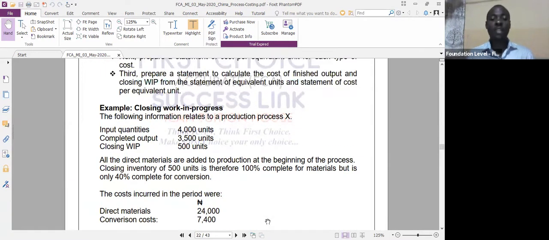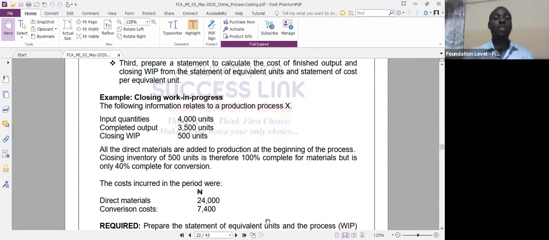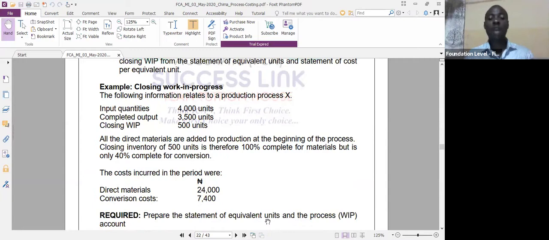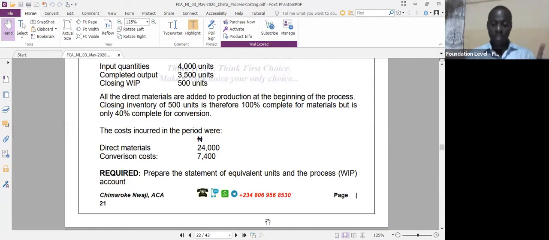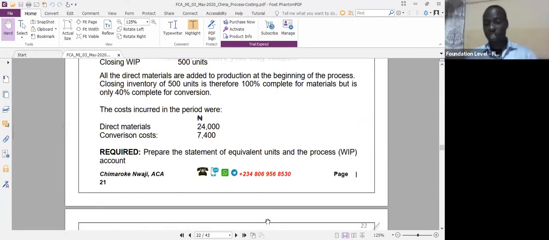So what are they asking us to do? Prepare a statement of equivalent units, the third stage. They are asking you to do the third stage. But you can't just go to the third stage without doing stage 1 and stage 2. And that is how we will be following it. Stage 1, stage 2, stage 3.